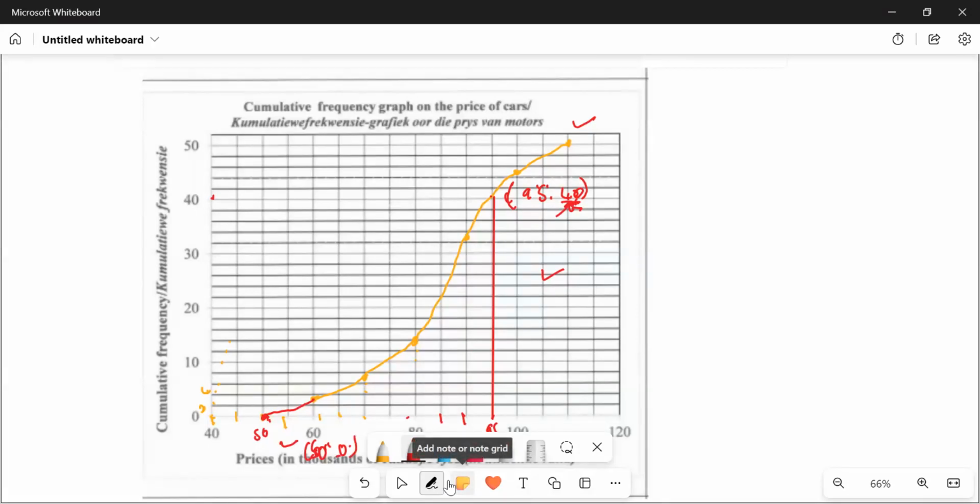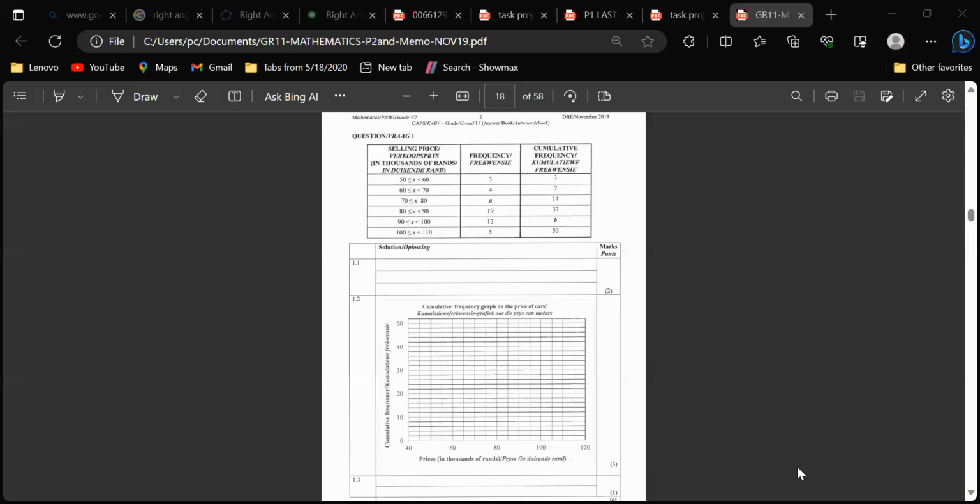Now, they could have said Mary wants to spend above. Let's talk about above. Guys, you will see most of the time when we do stats, we will try to make sure we spend more time on statistics, because that is where we should get our marks.